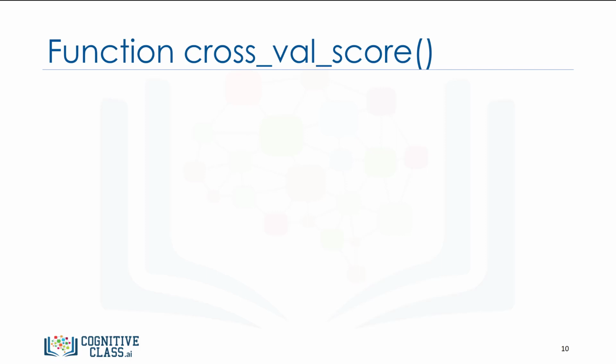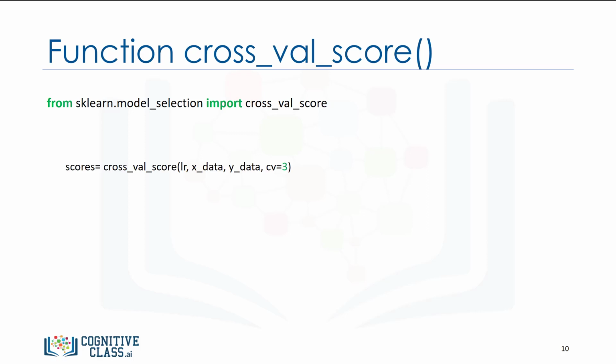The simplest way to apply cross-validation is to call the cross_val_score function, which performs multiple out-of-sample evaluations. This method is imported from sklearn's model selection package. We then use the function cross_val_score. The first input parameter is the type of model we are using to do the cross-validation. In this example, we initialized a linear regression model, or object lr, which we passed to the cross_val_score function.